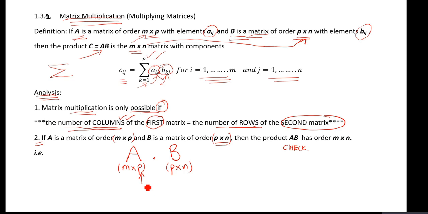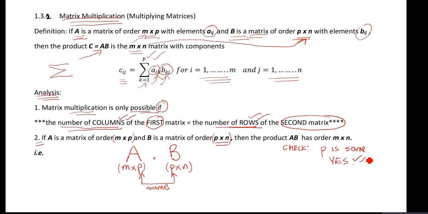P is the number of columns of A, and the P over here is the number of rows of B. So when these are the same, then I can say yes, the P is the same, and I can do this multiplication.